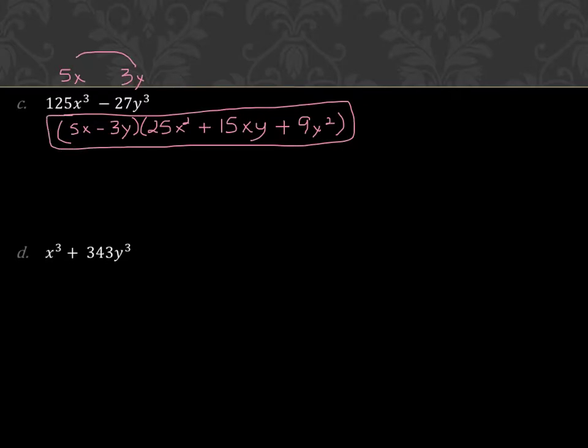Okay, when you are working with a sum or a difference of cubes, and your second factor is a trinomial, you can't factor that any further. That trinomial is always going to work out that it's as factored as you can get it. Like in this case, you might look at it and say, well, 25x squared and 9y squared are perfect squares.